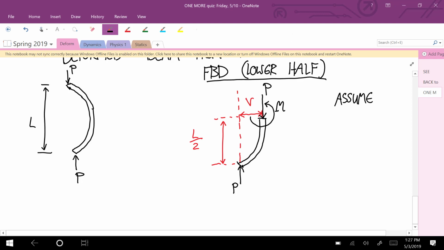And we're going to assume equilibrium because that's the instant when the system becomes unstable.